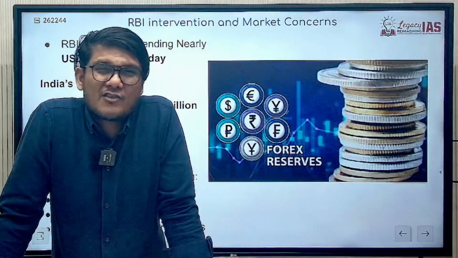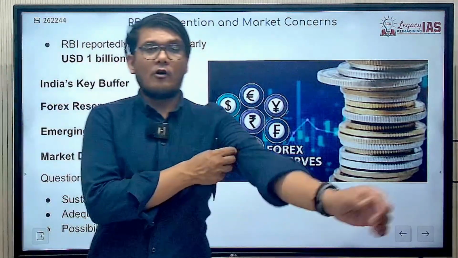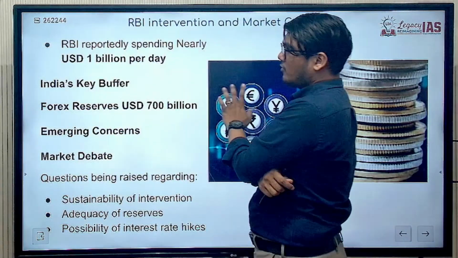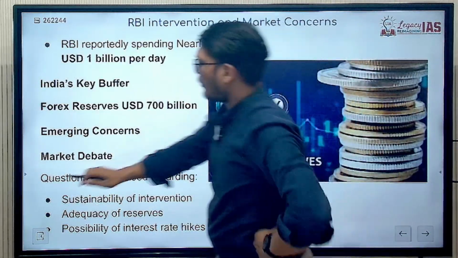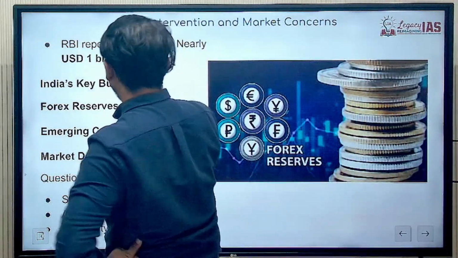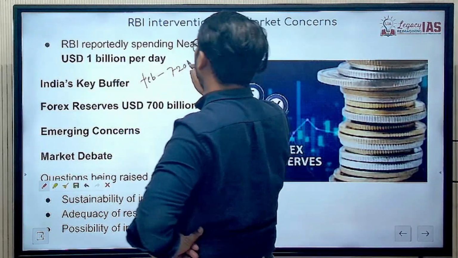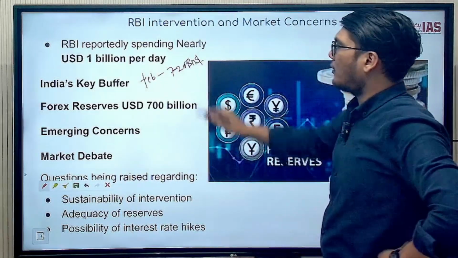But the depreciation is so fast that even such high open market operation of RBI is still not able to cut the depreciation of the Indian rupee. Our foreign exchange reserve actually crossed $700 billion. Not just that, in the month of February, it went beyond $720 billion, $726 billion.